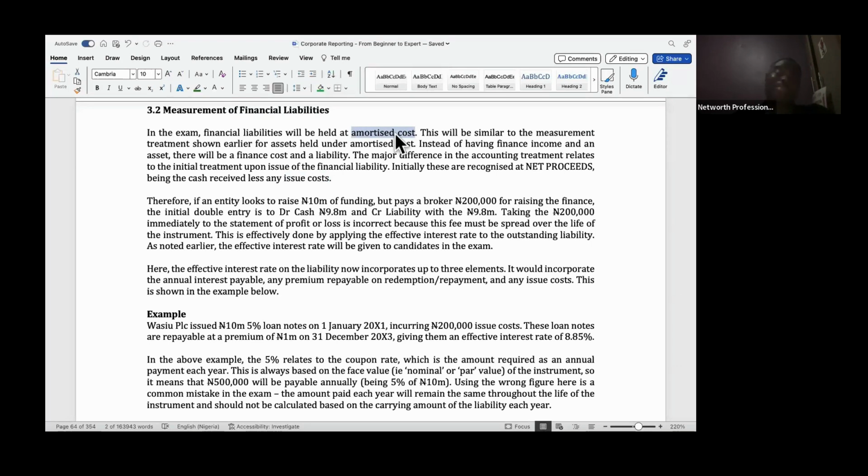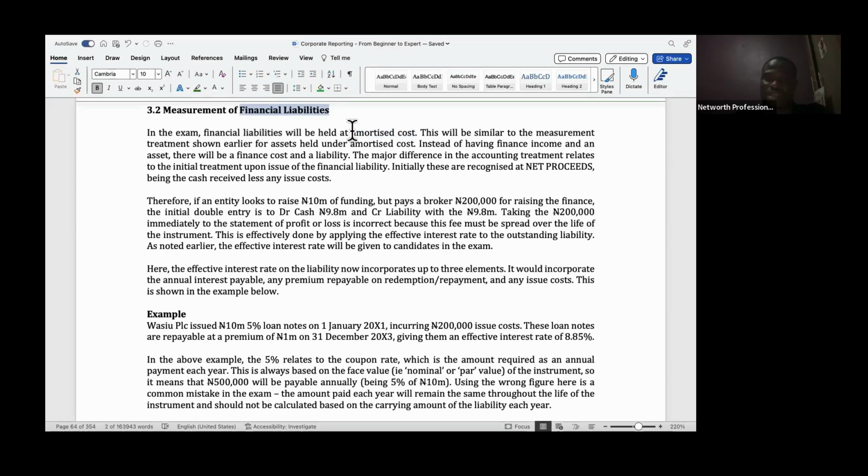It's the same thing. The only difference is that since this one is a liability, that interest, instead of now being finance income, for financial liabilities it will be a finance cost. That's just the difference. Everything I mentioned on financial assets for debt investment applies here.